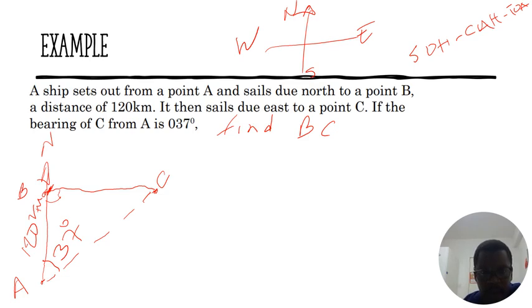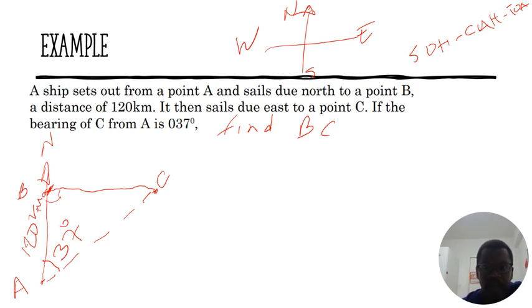In this case, you have the hypotenuse and you have the adjacent. Now you have been asked to find BC. But that one is opposite. It's obvious there because you have adjacent, opposite, and that angle.